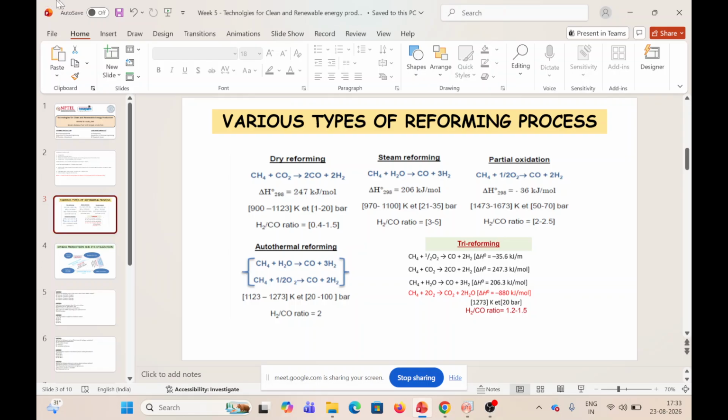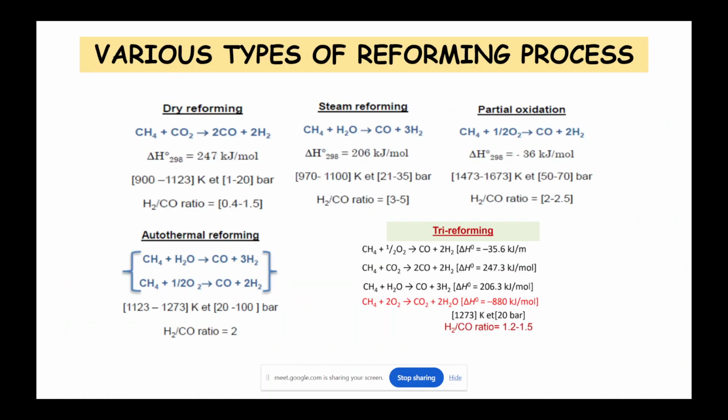I hope the slide is visible. Reforming operations. So reforming operations are nothing but the natural gases are typically converted to carbon monoxide plus hydrogen gas by either exothermic or endothermic reaction. So there are multiple different reforming processes.